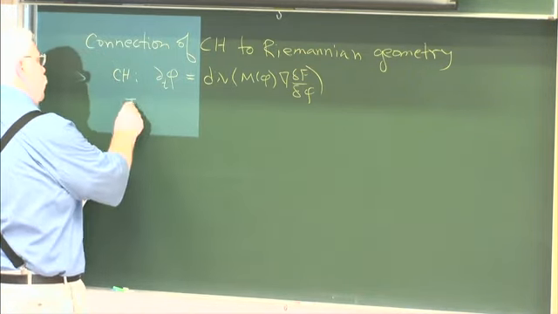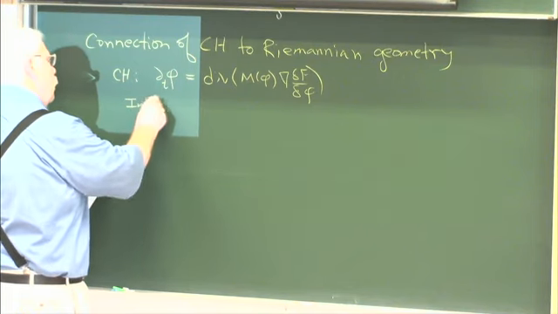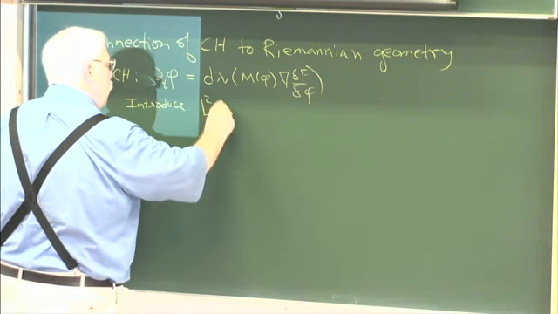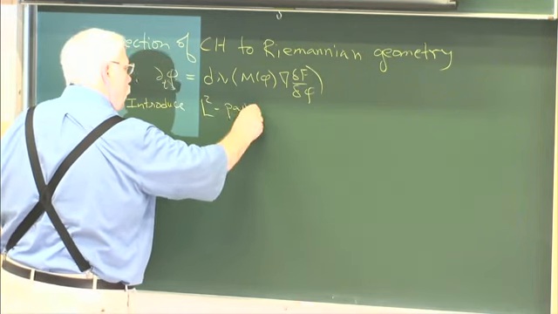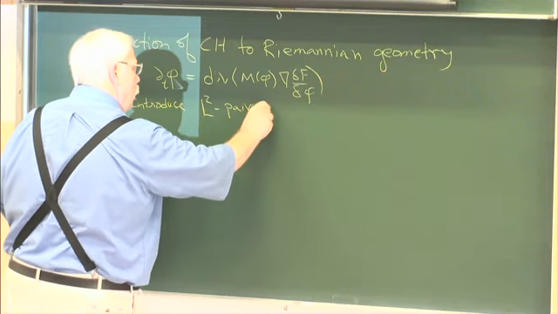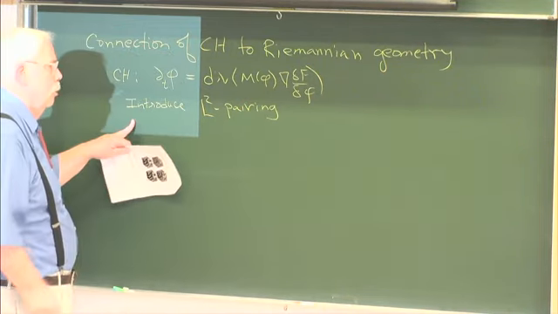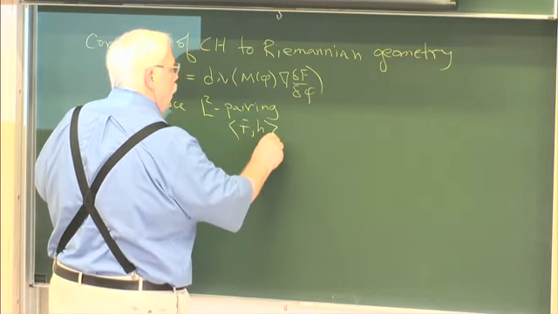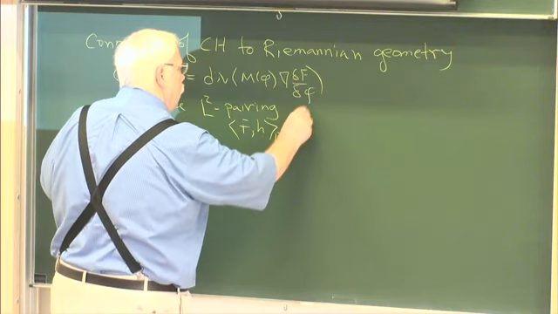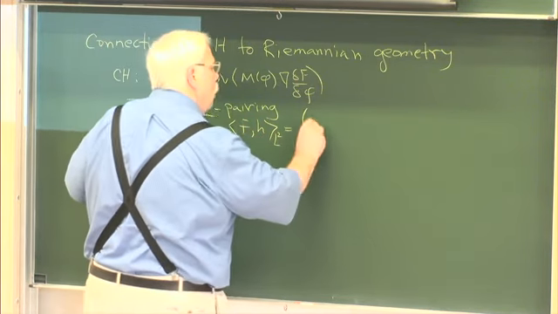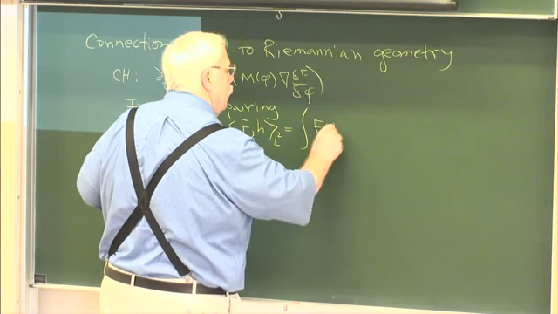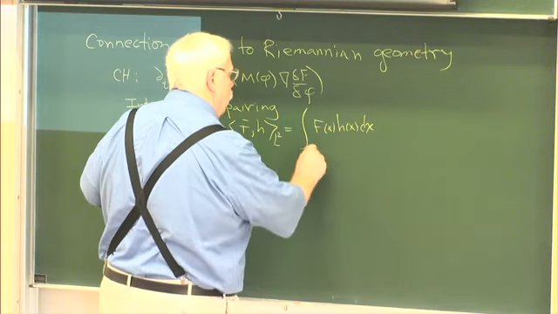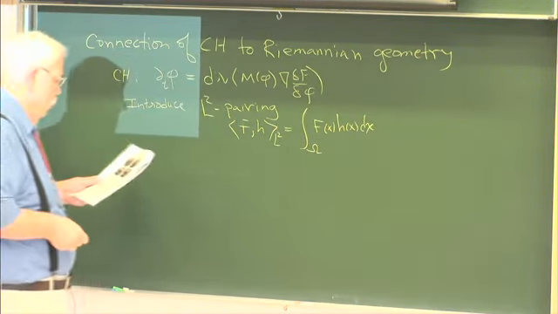And you introduce the L2 pairing. So this means that the pairing of f with h in L2 is the integral of f of x, h of x, dx over whatever region.